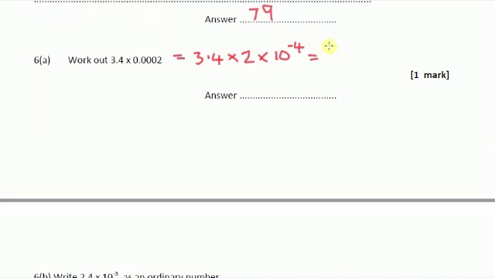So here, 2 times 3.4 is 6.8, times 10 to the negative 4. But I suppose we should give it in normal form, not standard form, the usual way of writing numbers. So we count the point 4 places to the left. If I do that, you'll see that 6.8 becomes 0.00068. You can see I've moved the point 4 places to the left.